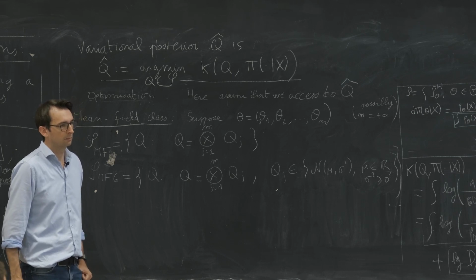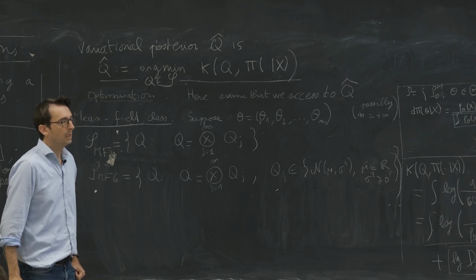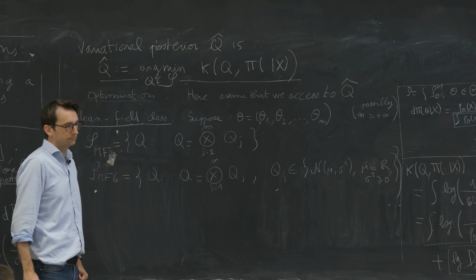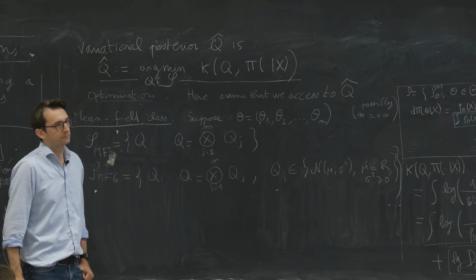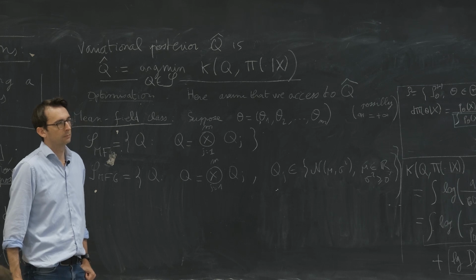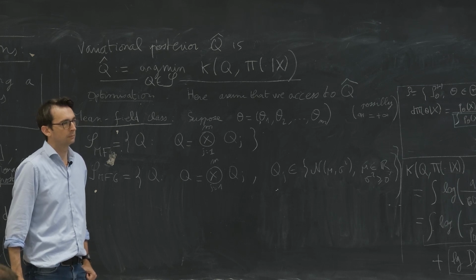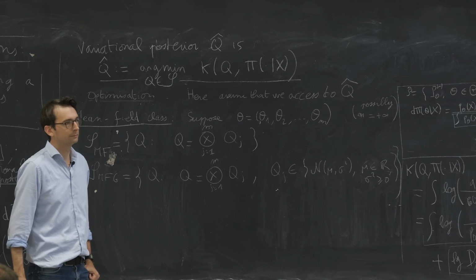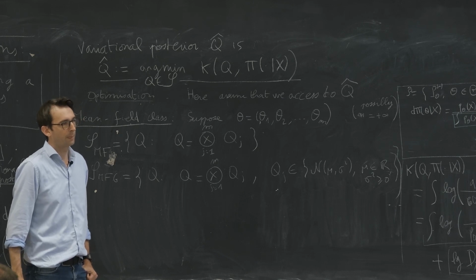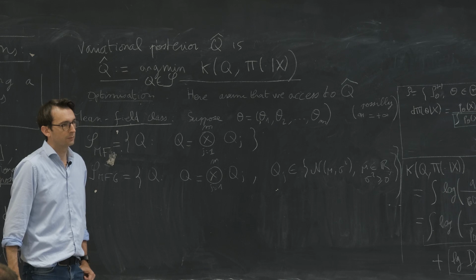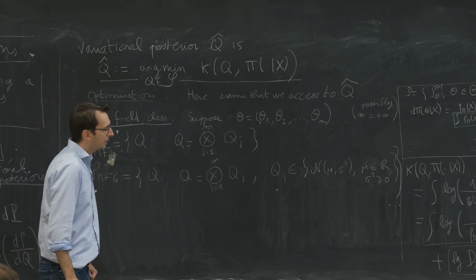You say the posterior is so complicated that we cannot compute it, but we are able to minimize the distance with this horrendous posterior, which seems a bit paradoxical, because you do not know the posterior, but you can know how you are approximating it. So I guess the solution is somewhere on the blackboard, but maybe it should be stressed why it's not as tough as it seems at first sight.